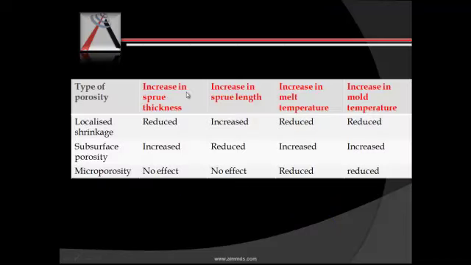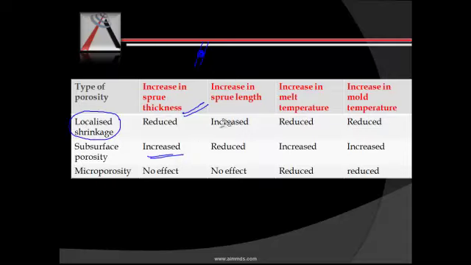Now, this particular chart will help us to understand the effect of certain technical considerations on the porosities. So, an increase in the sprue thickness will reduce the localized shrinkage porosities, because of course it will not allow the sprue to solidify, but it will increase the subsurface porosity.